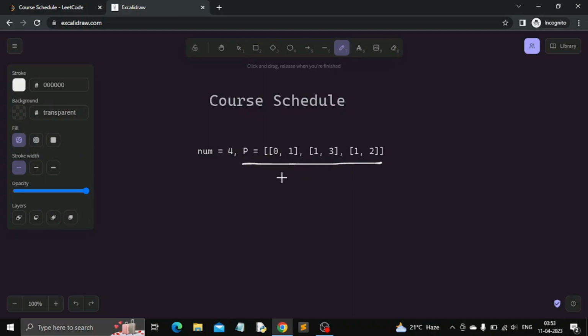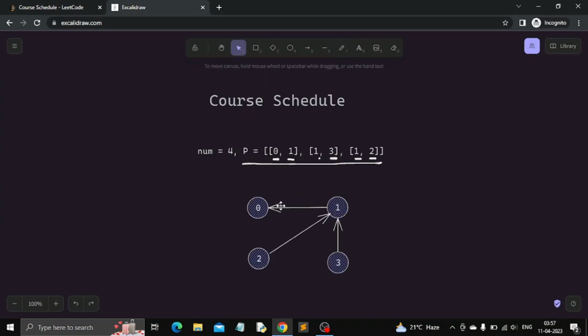Using this prerequisites array, we will build our graph. So if we have a pair 0 comma 1, then it means that in order to complete course 0, we need to first complete course 1. Course 0 is dependent on course 1, okay, which means there should be a directed edge from node 1 towards node 0. If I show you the graph, it would look something like this.